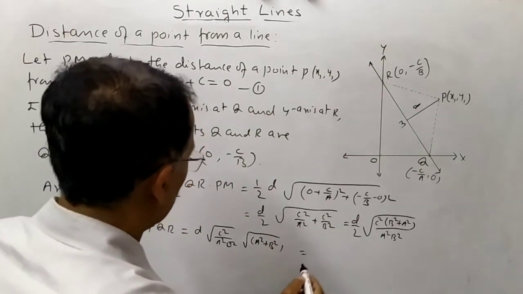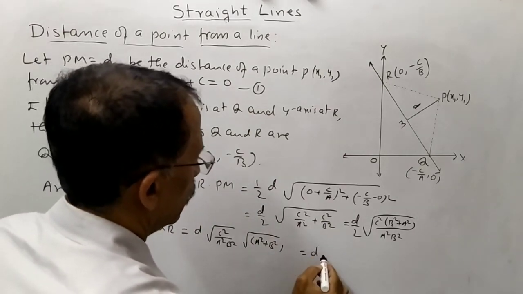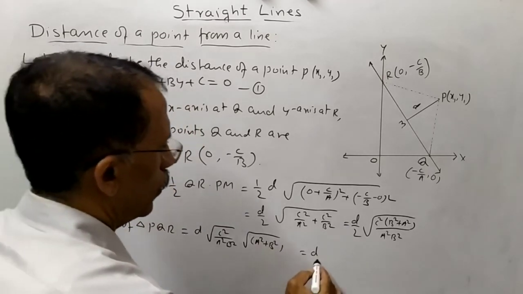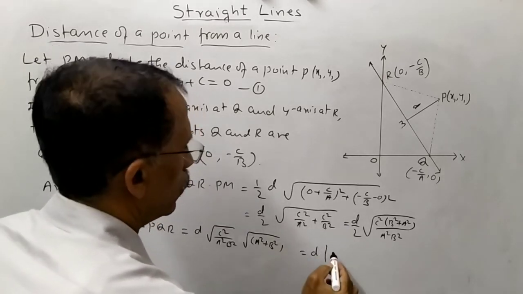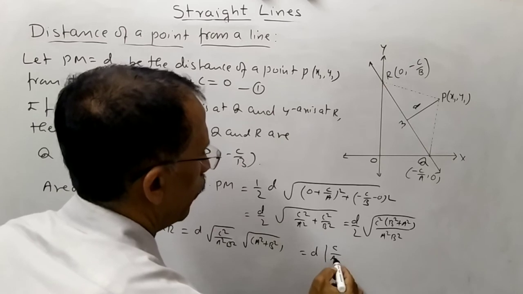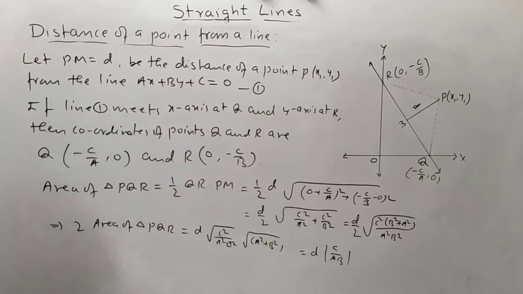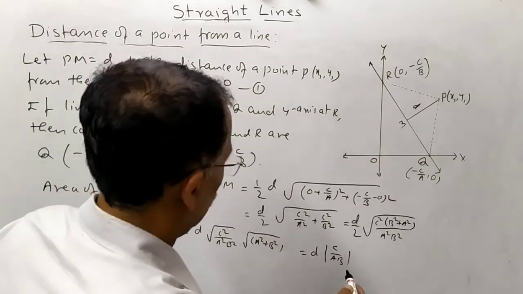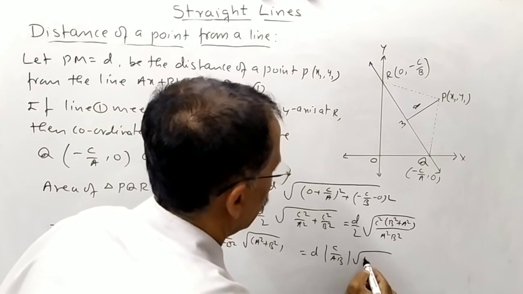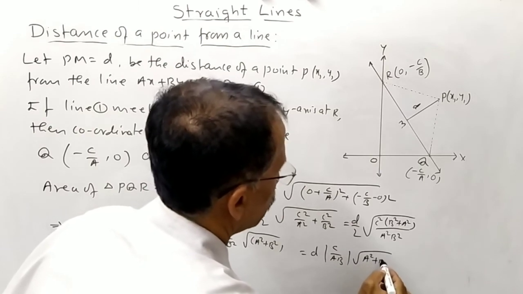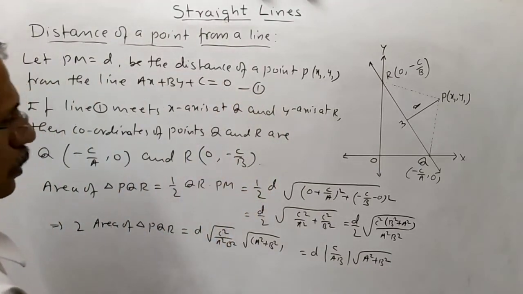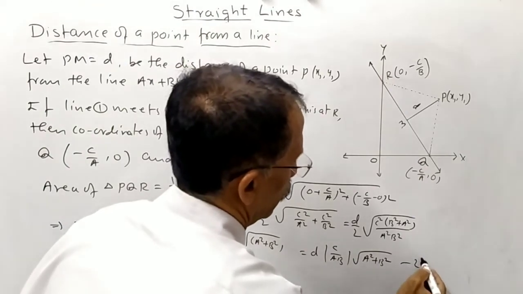This can be written as D into modulus of C divided by AB, that is square root of C square by A square into B square, into square root of A square plus B square. Say number 2.